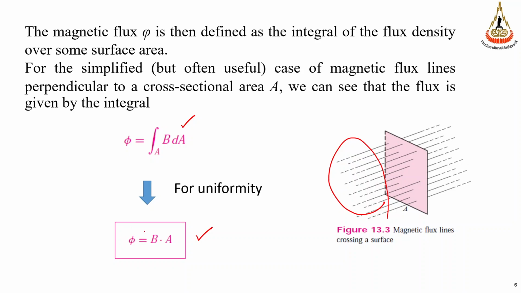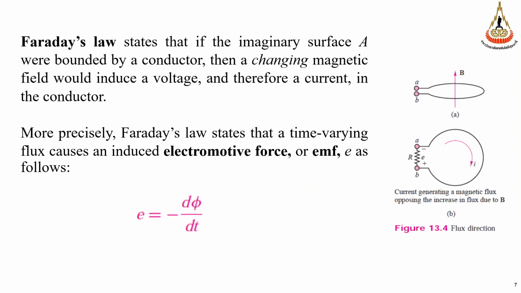So total flux is in Weber, B is Weber per square meter, and this is square meter, right? Then we can calculate total flux if we know the density of the flux and the cross-sectional area. Okay, this just reminds you of the general view of magnetic physics. And from Faraday's law, we can calculate electromotive force from d phi by dt.